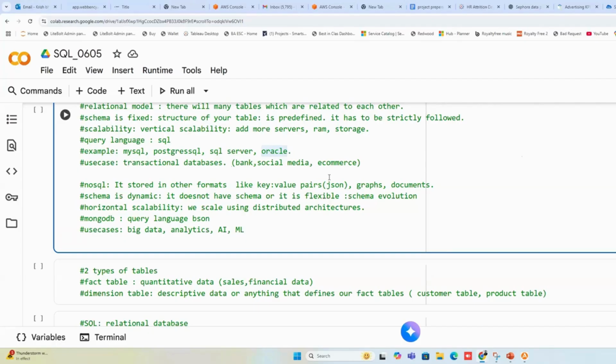Correct. A fact table is anything quantitative and measurable, like your sales data. A dimension table is what describes your fact table, like your customer table, product table, and all of that.